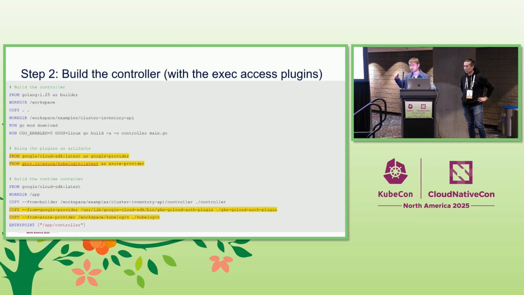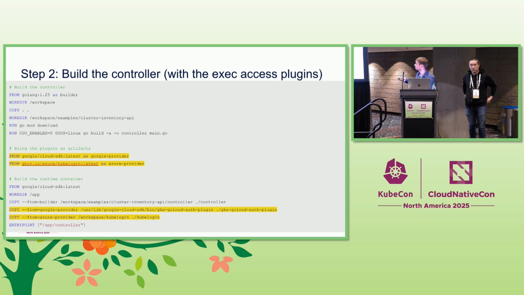Now, building the controller is a simple step. You all know about everything, but I just wanted to point out the exec. The providers that you're going to want to exec, you need them in your binary. So putting them in the Dockerfile as a multi-stage build is an easy way to get them there.